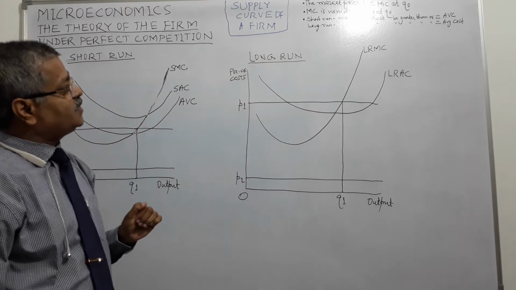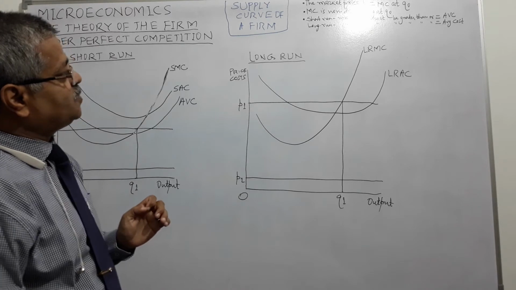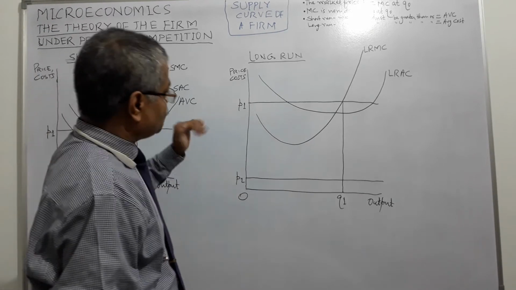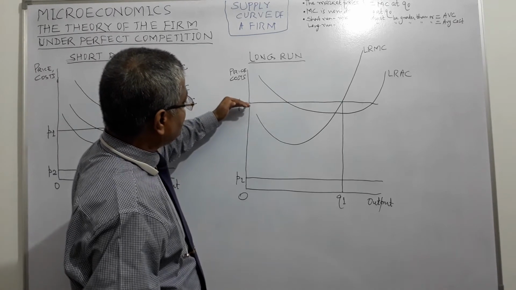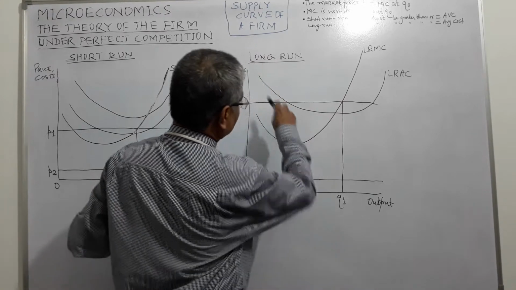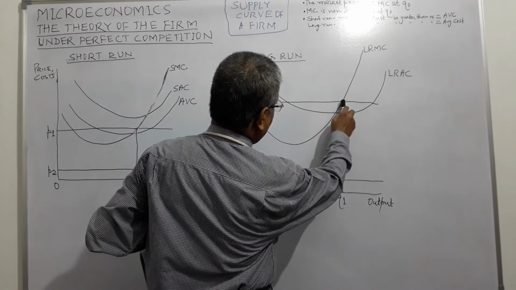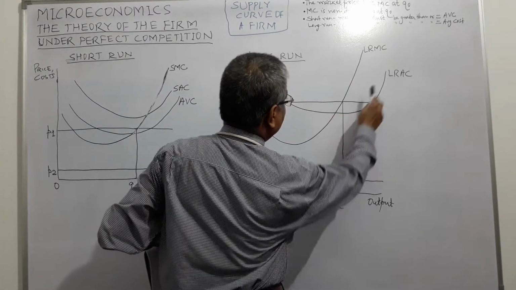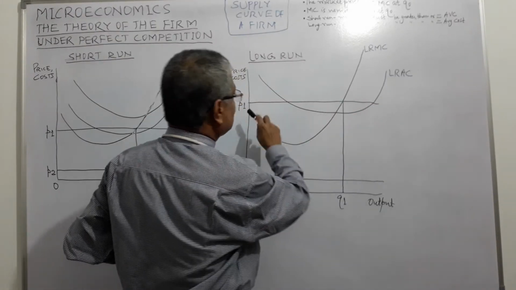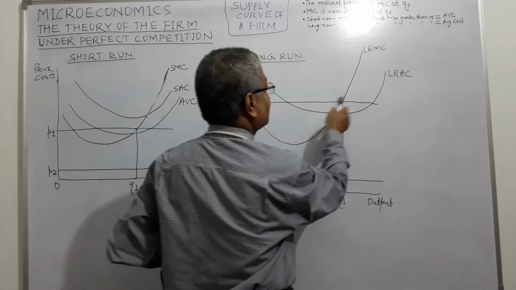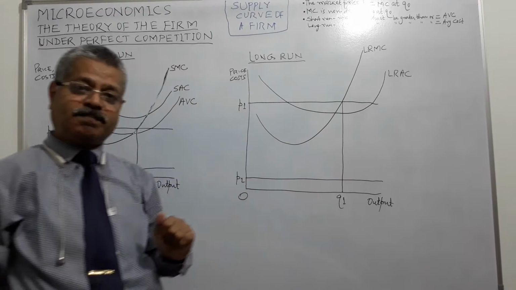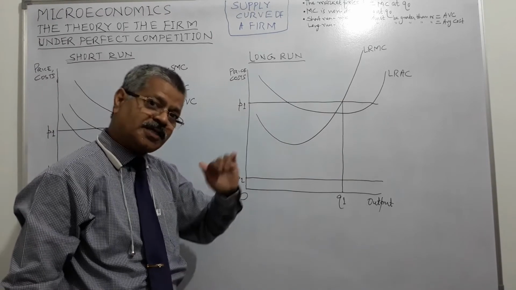Third condition is in the long run, market price must be equal to or greater than average cost. So that also you will find at P1. We are here at P1 and LRAC is here, long run average cost. So long run average cost is below P1, or P1 is higher than the long run average cost at this level of output, the profit maximization level of output of the firm.